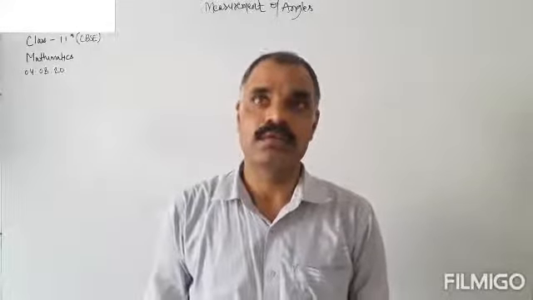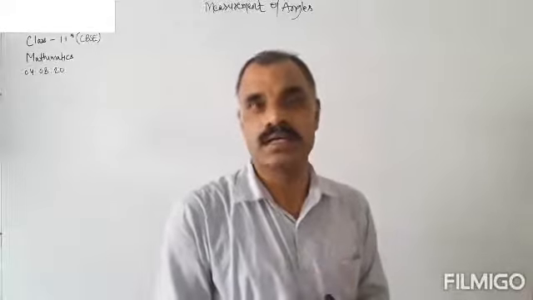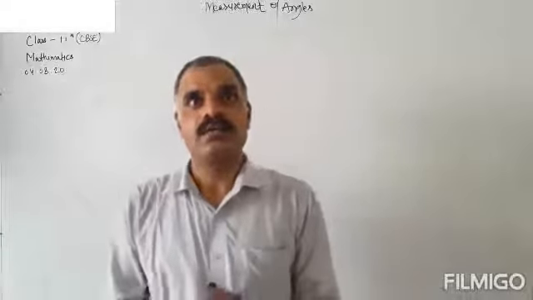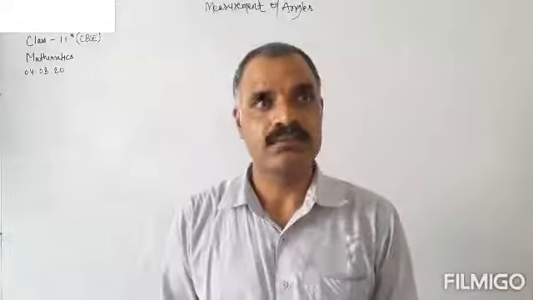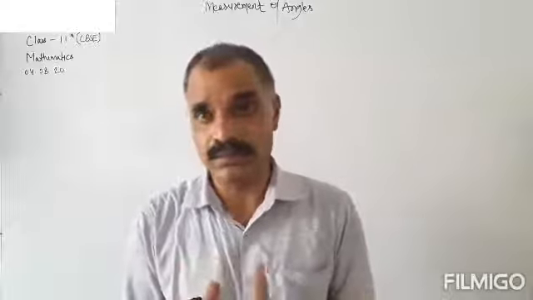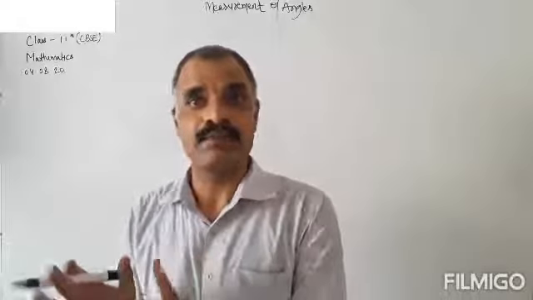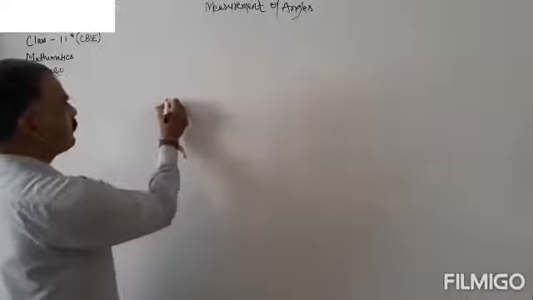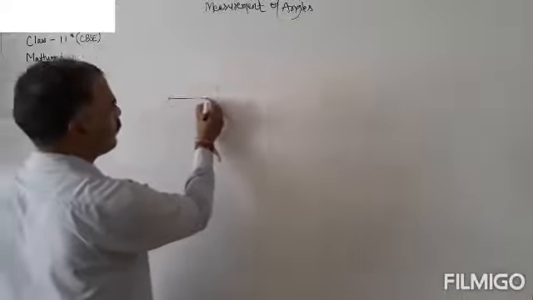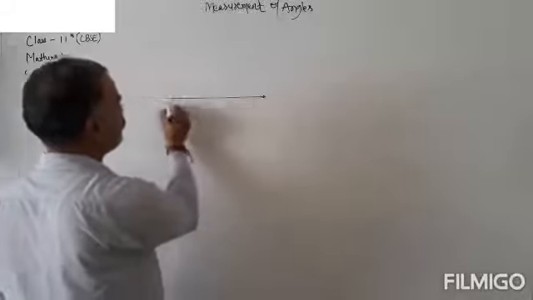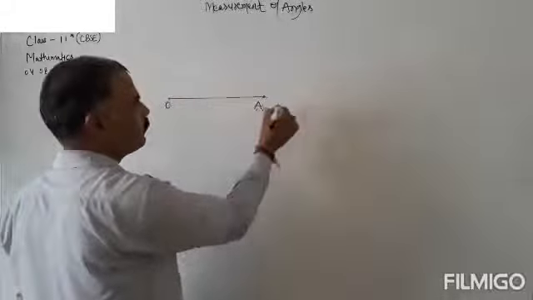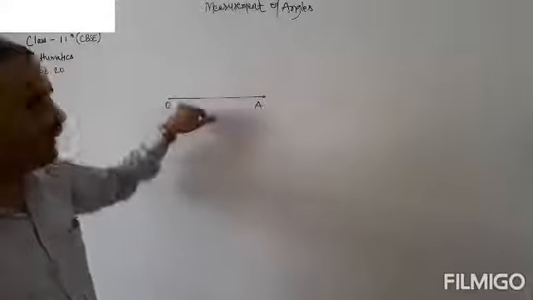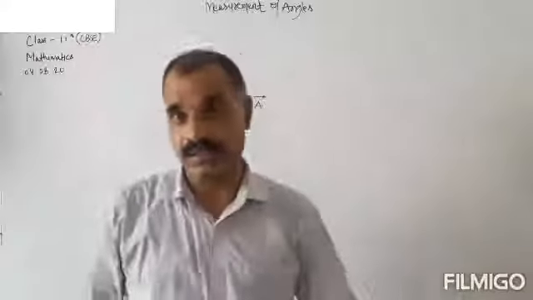The definition of angle is that the angle is the geometrical figure surrounded by two rays with the same initial point. If this is the initial point O and one ray is OA, O is the initial point. This is the initial ray.